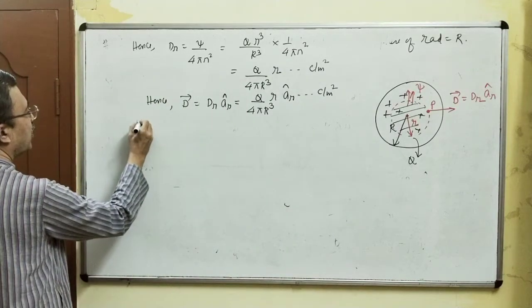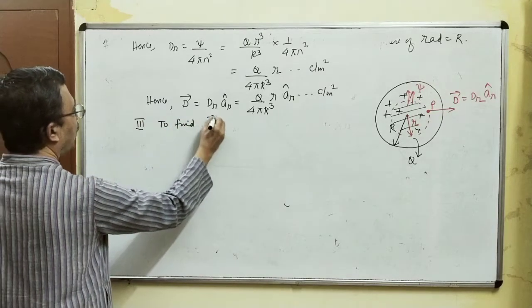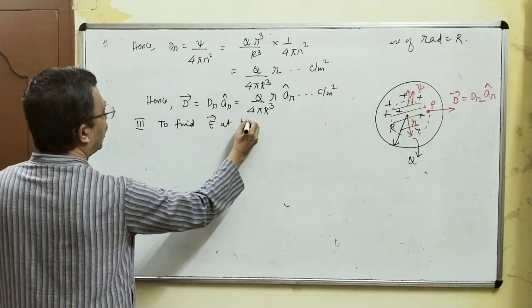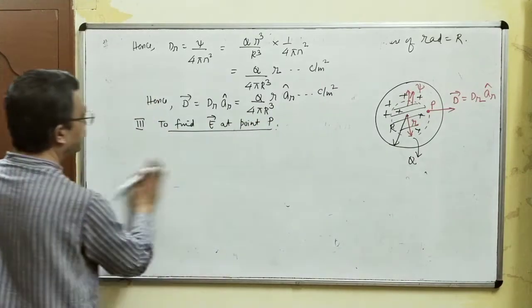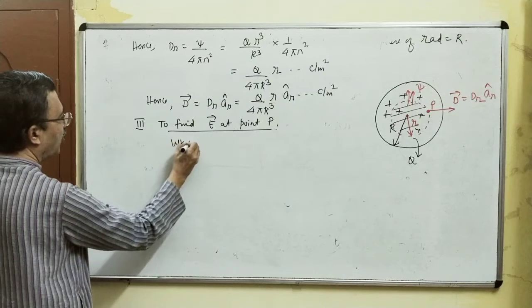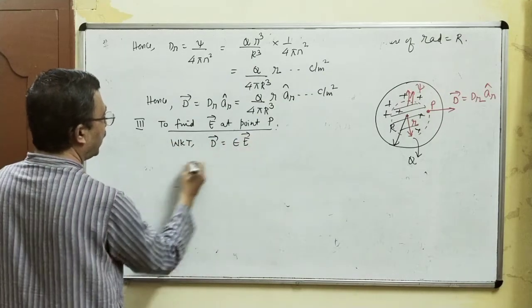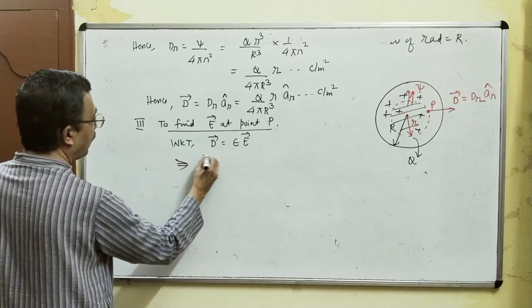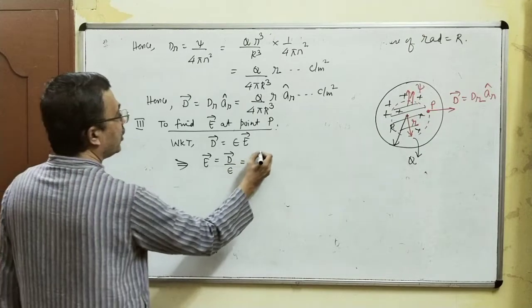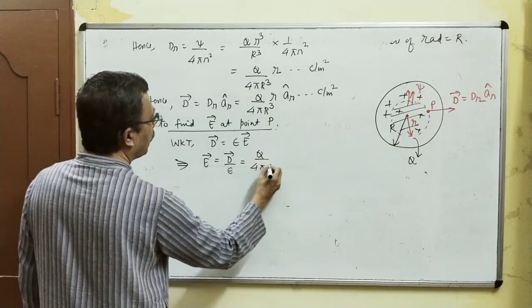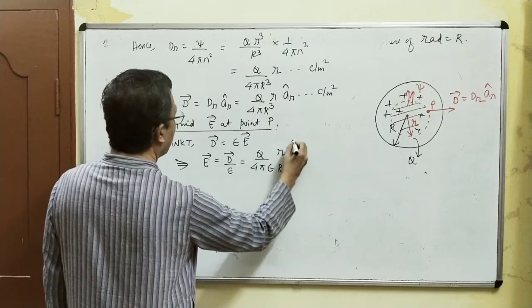Step number 3. To find electric field intensity at point P. We know that vector D is equal to epsilon into vector E. This implies vector E is equal to vector D divided by epsilon, which is Q divided by 4 pi epsilon R cube into r into a_r cap.